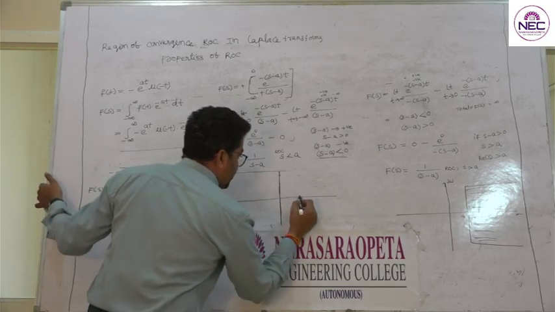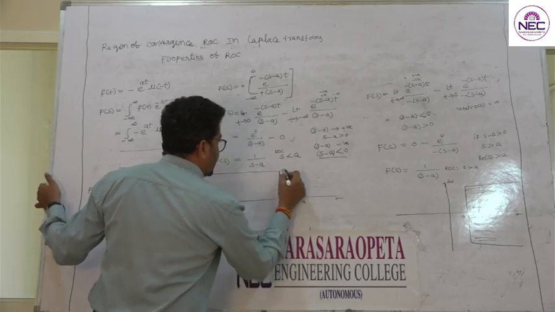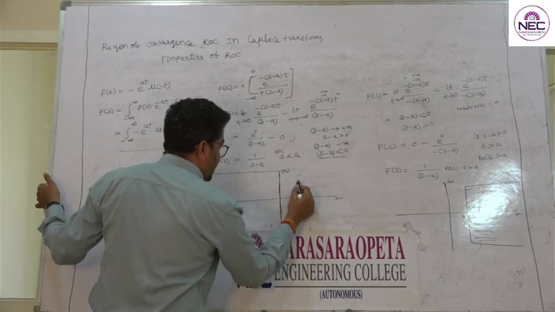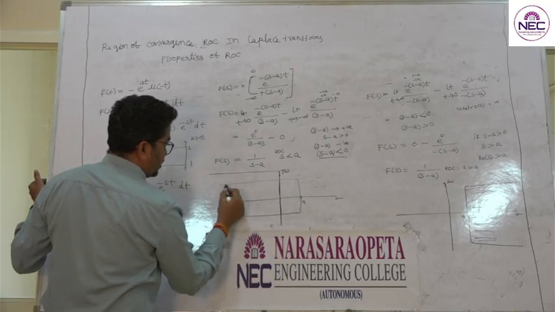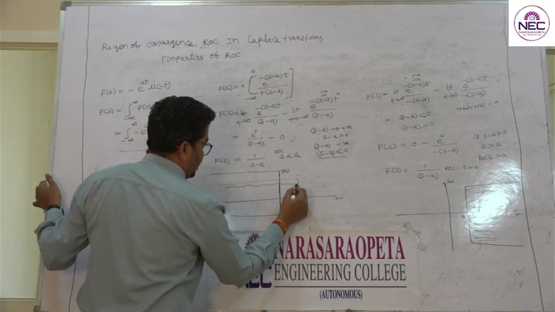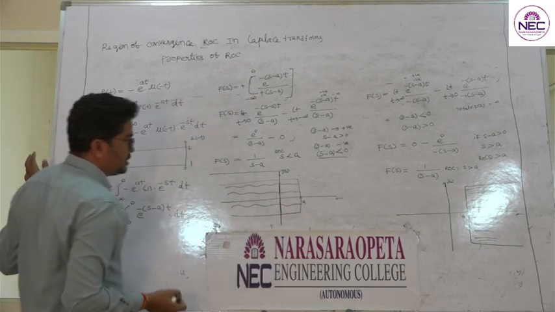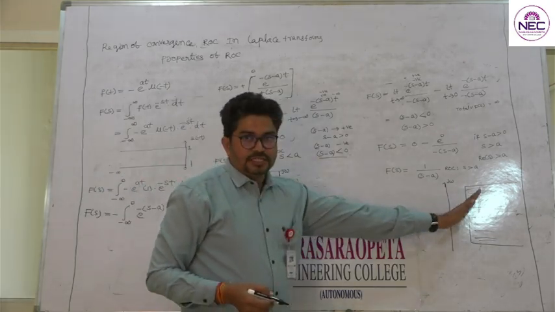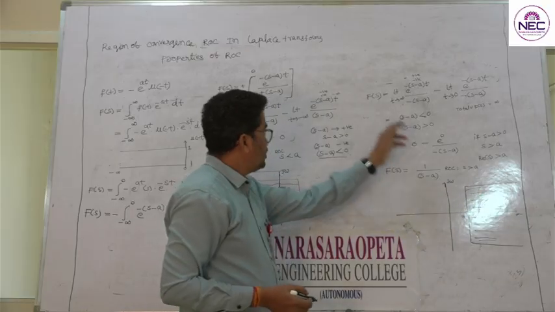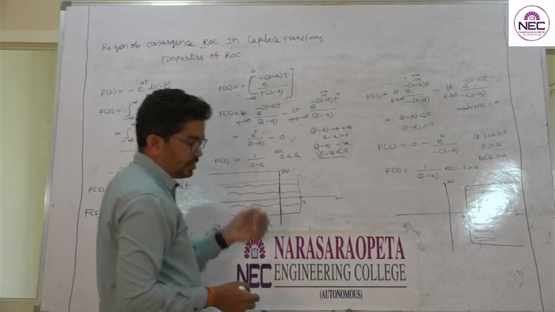Suppose here the value a on the sigma axis, next the j omega axis, s less than a. For a left side signal, the ROC is left side. For a right side signal, the ROC is right side.